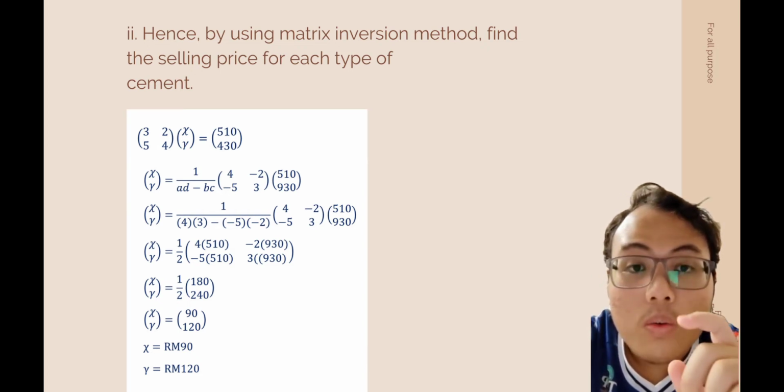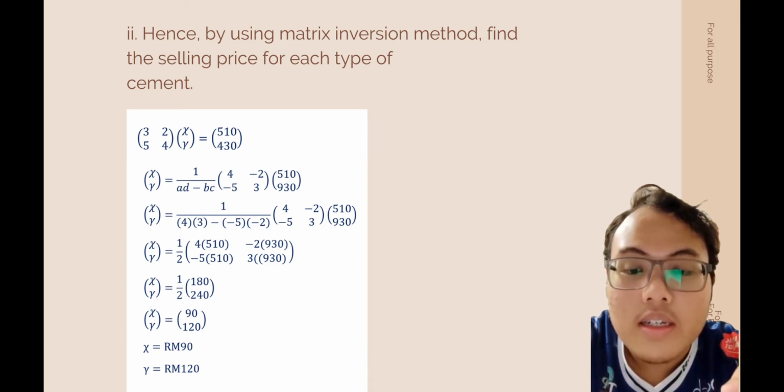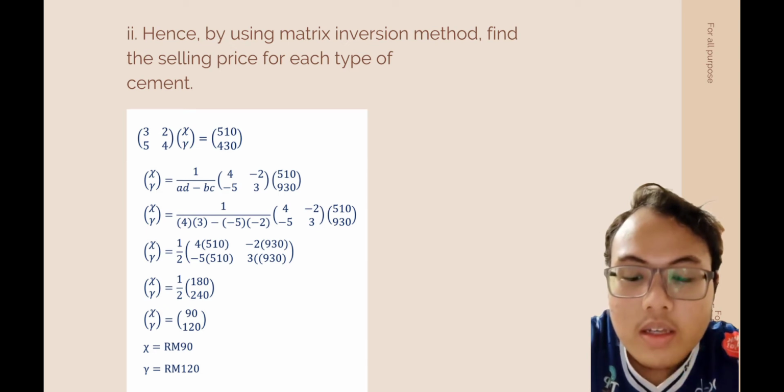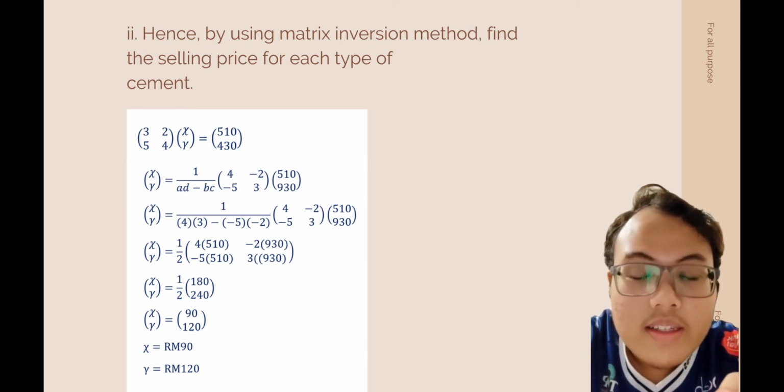Then multiply 1 over 2 by the values in brackets, and the answer obtained is [x y] equals [90, 120].